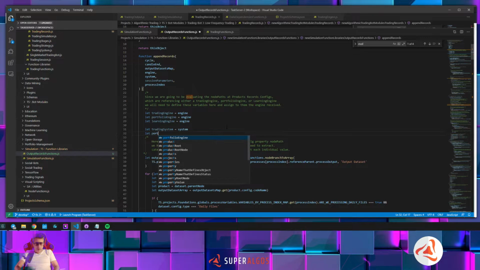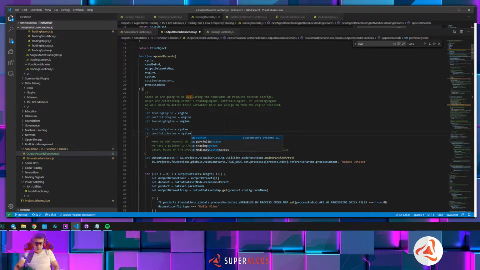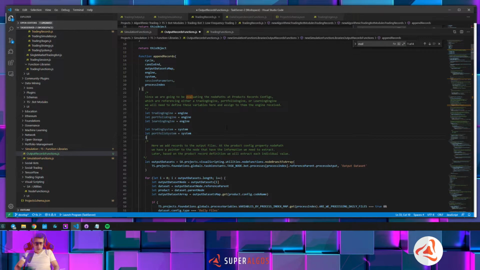Let portfolio system and let learning system equal system. Okay. And session parameter is going to be just like that.